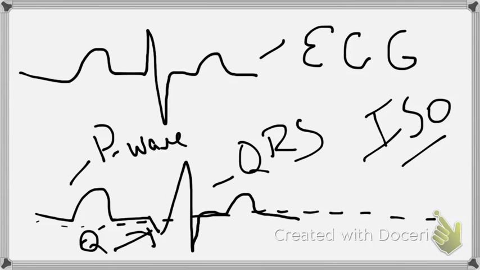So when you see that prefix iso, it means whatever that is, it's neutral. Isoelectric, it's a neutral line. It's not positive or negative. QR, the R wave, by definition, is the first positive deflection off the isoelectric line.